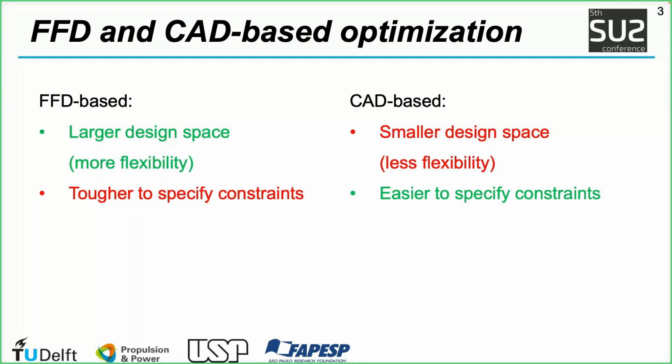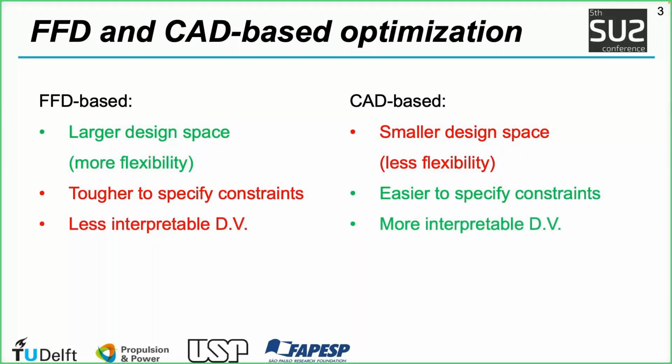For example, if you want to make sure that our blade has a minimum thickness, it's very hard to do that with FFD-based optimization, and it's very easy to do with CAD-based. Also, CAD-based parametrization allows for more interpretable design variables, so we know during the optimization which parameters are more important for our geometry to be improved.